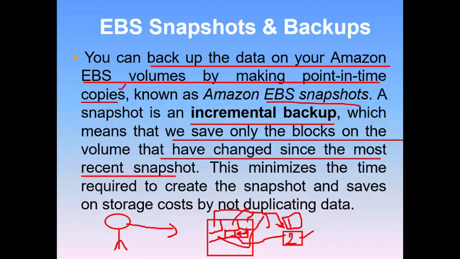It only backs up what changed since the last snapshot. So this minimizes the time required to create the snapshot. Time will be less because rather than taking the backup of all the blocks, it only takes the backup of the changed ones. It also saves storage cost by not duplicating data again and again.